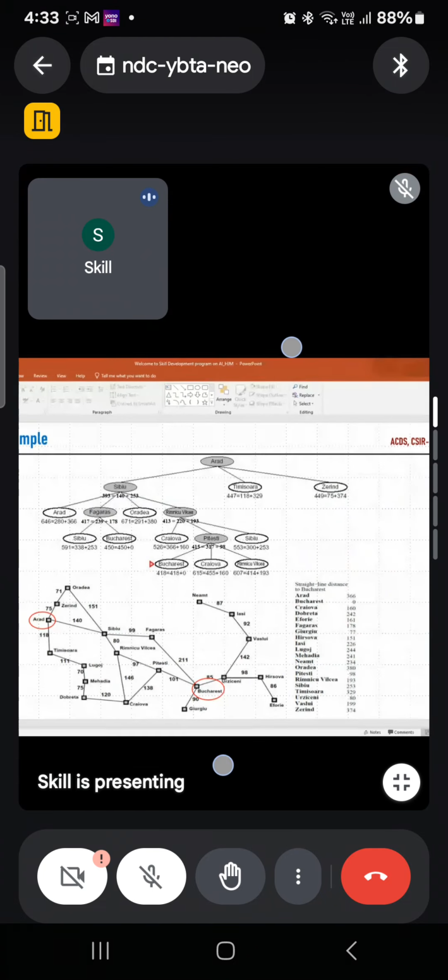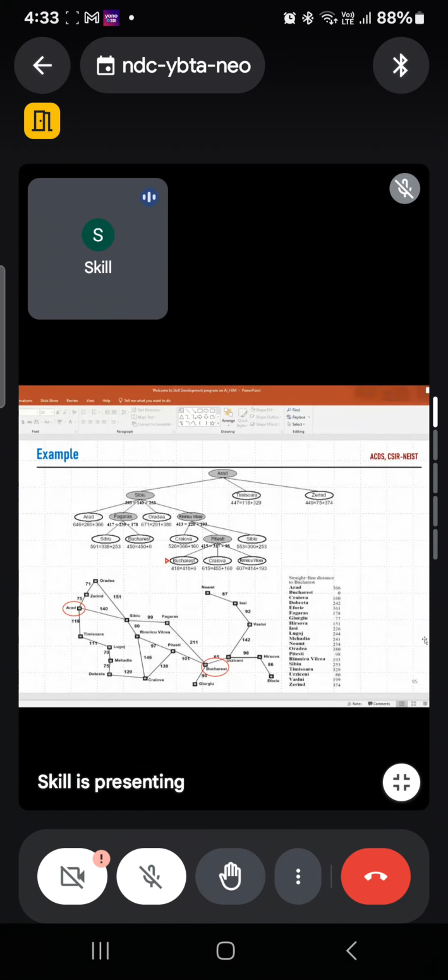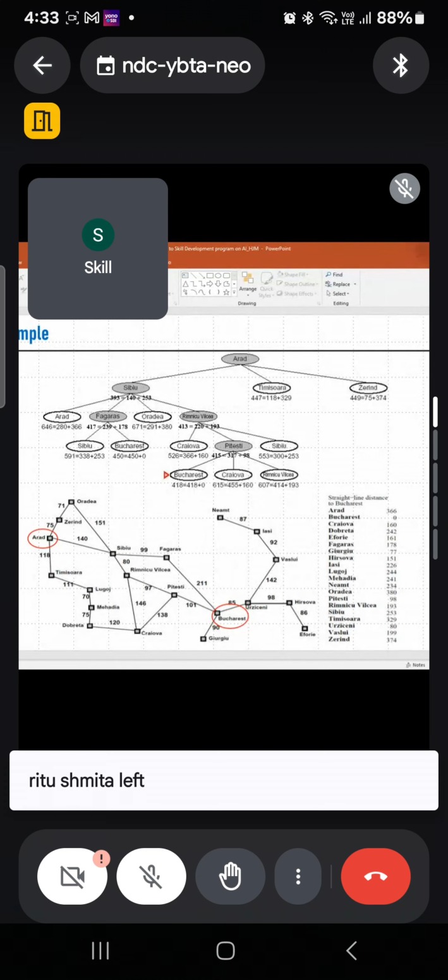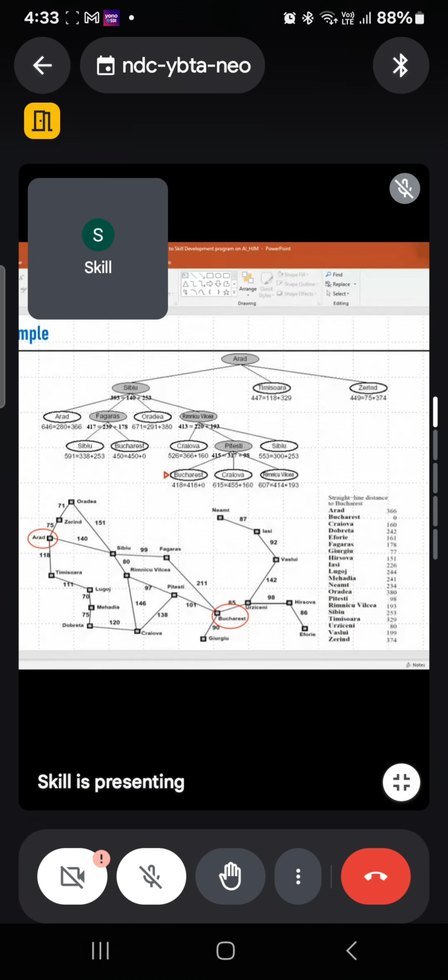Here, another example is there. You can see the same roadmap of Romania, but how A-star search can be used. Just like the greedy best first search, we will write first Arad, then its adjacent places Sibiu, Timisoara, Zerind.